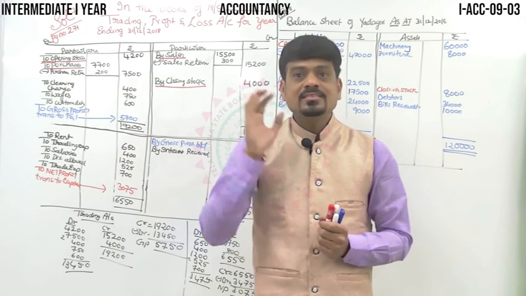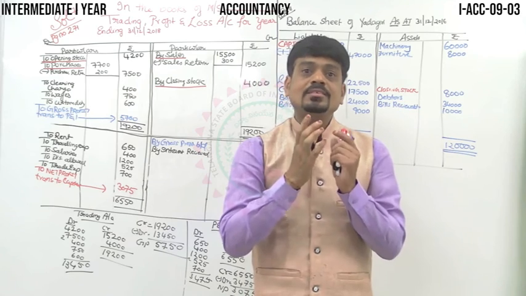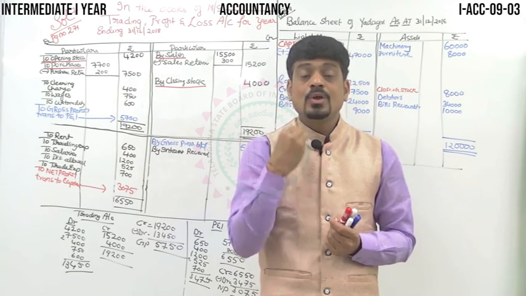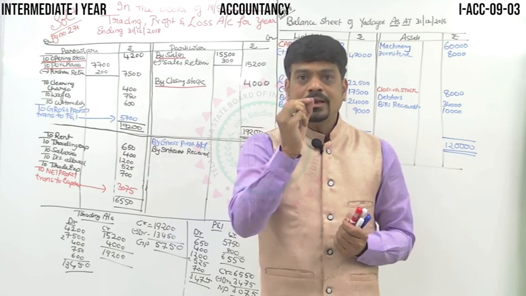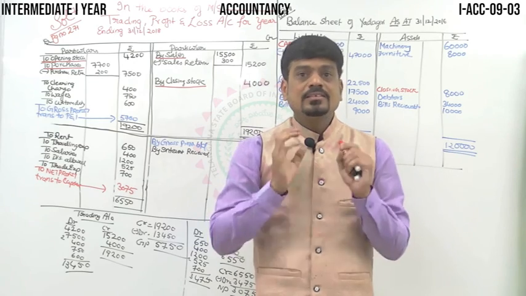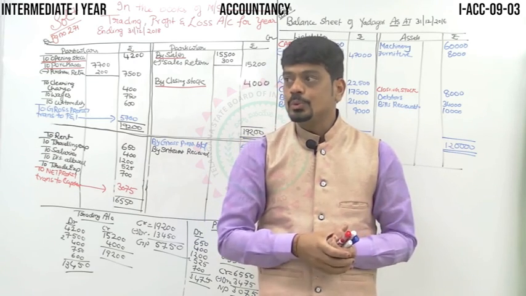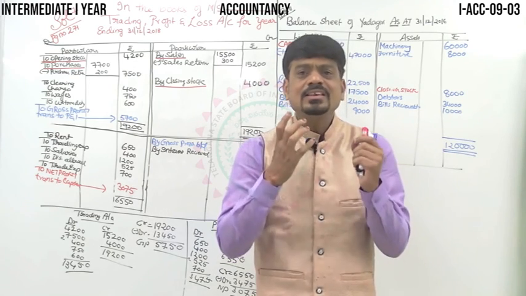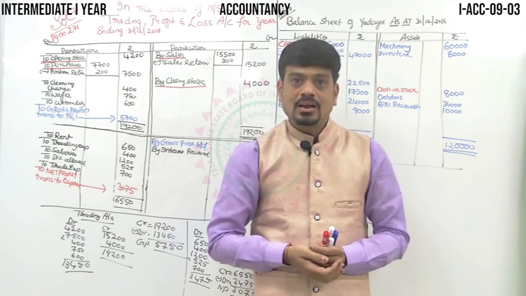Even in the slides I have shown you which item is coming in which account. Only thing is you have to learn them by heart. You have to remember them and pick up the item and post it to the concerned place. That's it. In the next session I'll show you a few more problems, and you will see how easy it is to do the final accounts.